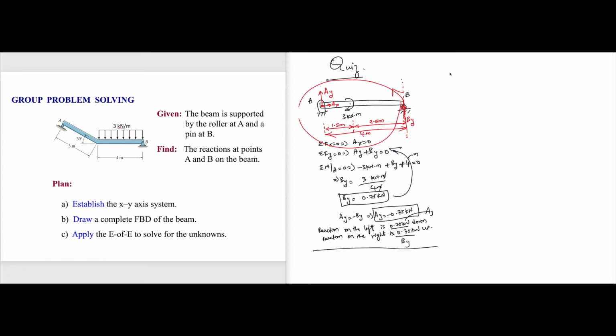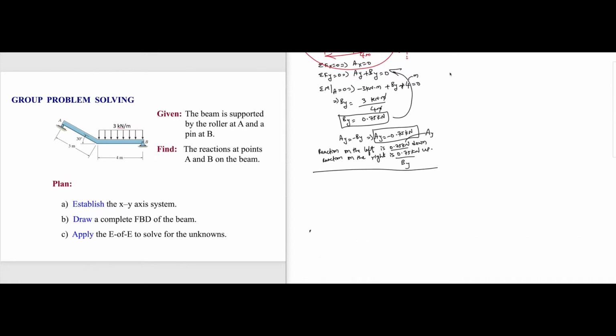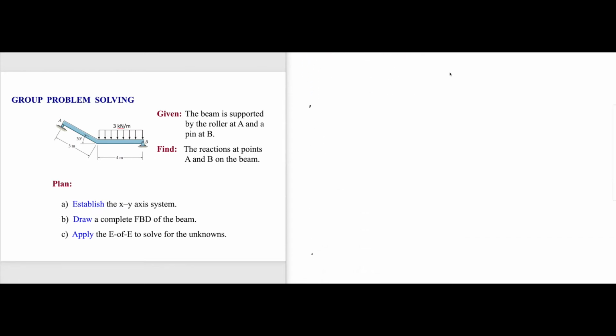So let's proceed further. Let's look at the problem that is given on the left side.